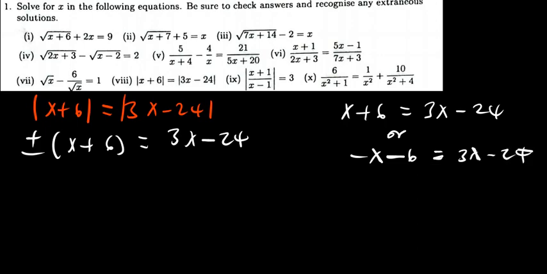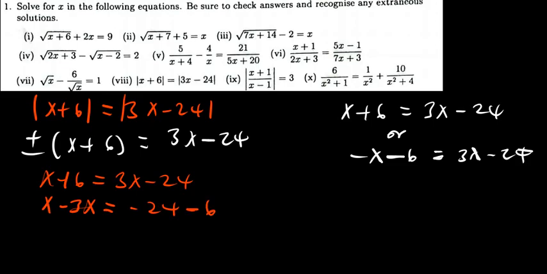So I'll start with the one for positive. I'll start solving the top part here. So x plus 6 is equal to 3x minus 24. Shift 3x to the other side, 6 to the other side. So x minus 3x is going to be equal to negative 24 minus 6.